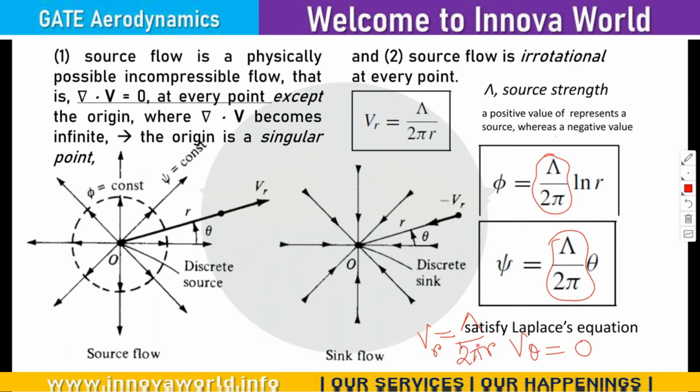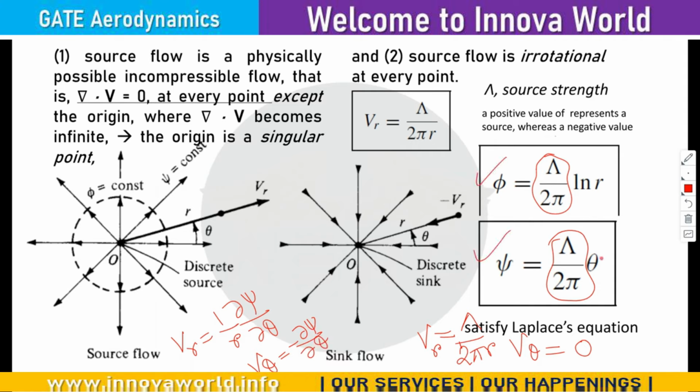It can also be stated in this way: VR equals 1 by r dou psi by dou theta, and V theta equals minus dou psi by dou r. These final expressions are very important.